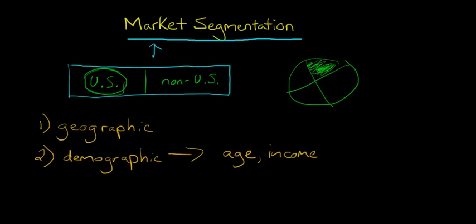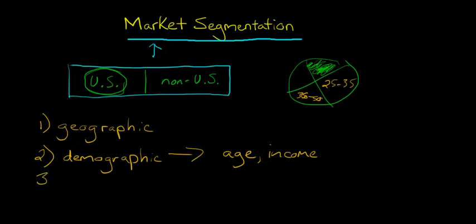So you're slicing the market up in the same way, saying this is people 25 to 35, and this is 36 to 50, and so forth. Then you say, I'm going to go after this particular segment. Or maybe you're going to go after more than one segment.